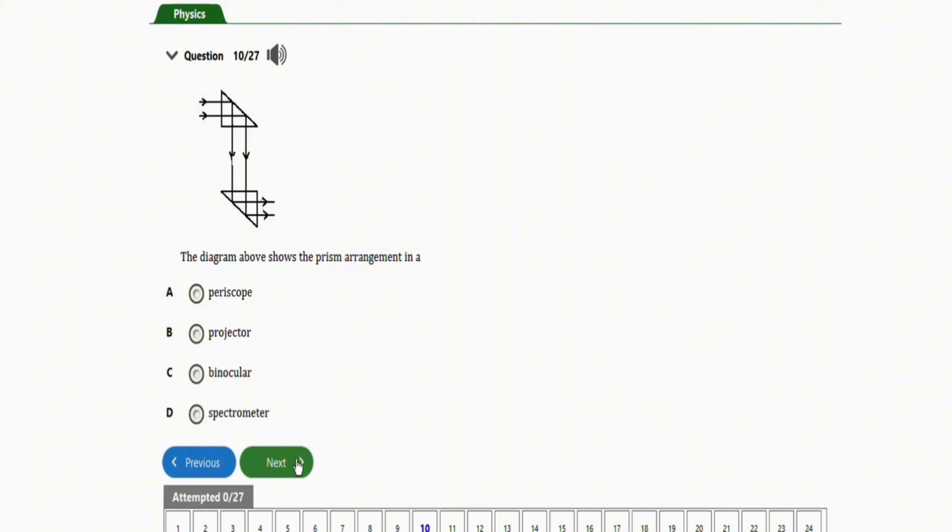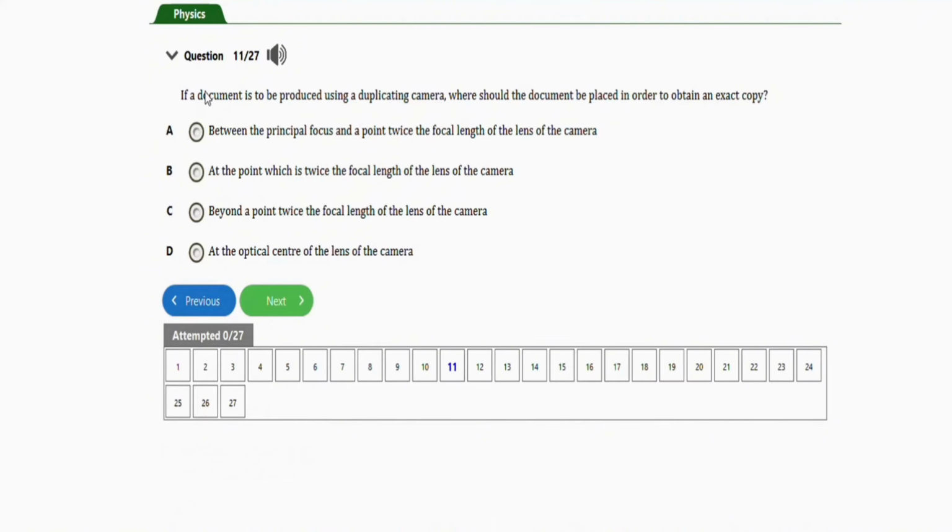Alright, the next question is this one. It says if a document is to be produced using a duplicating camera, where should the document be placed in order to obtain an exact copy? Between the principal focus and a point twice the focal length of the lens of a camera.